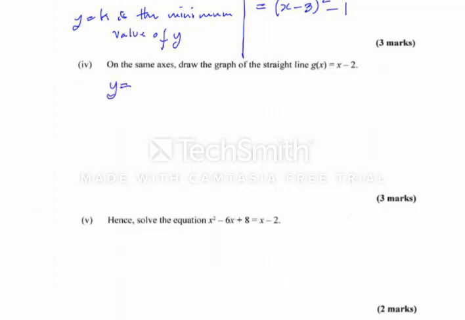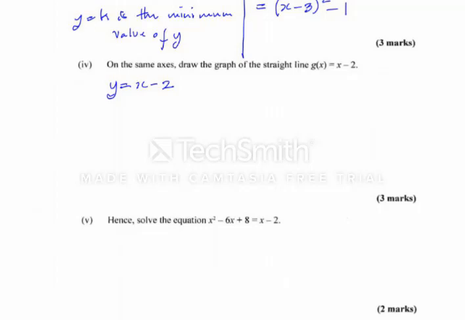The defining equation is y is equal to x minus 2, a linear function, and the graph of a linear function is a straight line. Remember, we basically only need 2 points in order to draw a straight line graph.